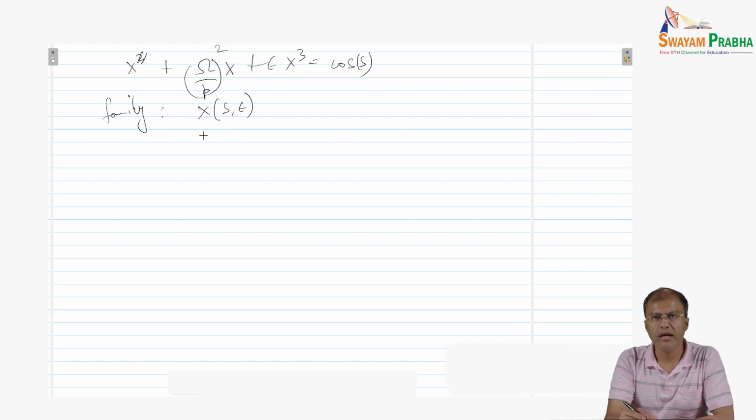Since epsilon is not sitting at the term with the highest derivative, we will use the standard regular perturbation. Of course, when we do that, we cannot expect that the components of the perturbative solutions are periodic.